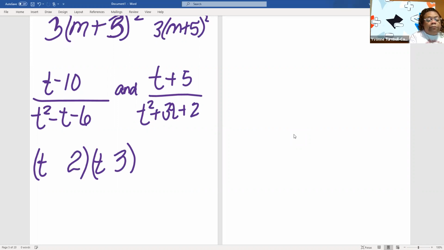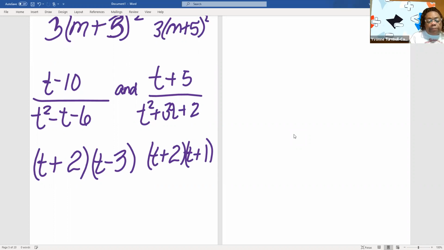Now, because I need a -1 in the middle, my bigger number needs to be negative, so I'm going to do that. Now we're going to factor the other denominator. Here again, there's no coefficient in the front, so that factors into t and t. Now, 2 is a prime, it only has 2 factors, 2 and 1, and everything's positive, so we know it's going to be positive.